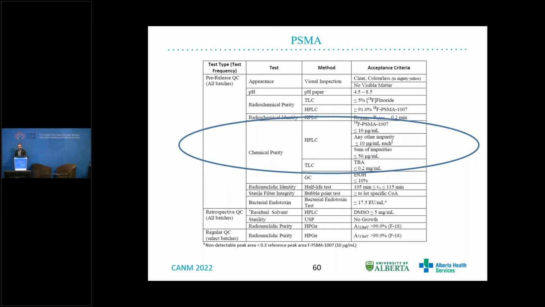So we use HPLC analysis for that. To be able to do that, you do need a different kind of infrastructure than just a regular FDG production site.